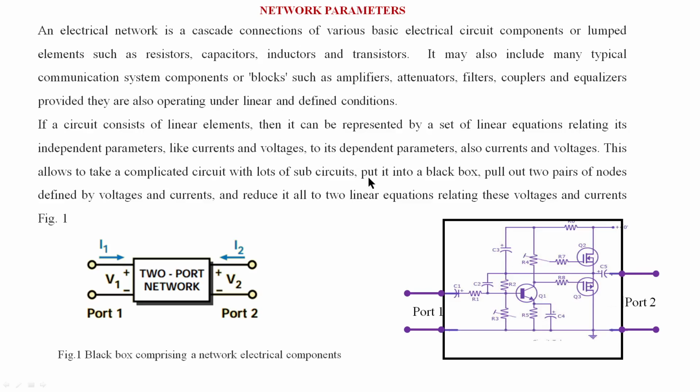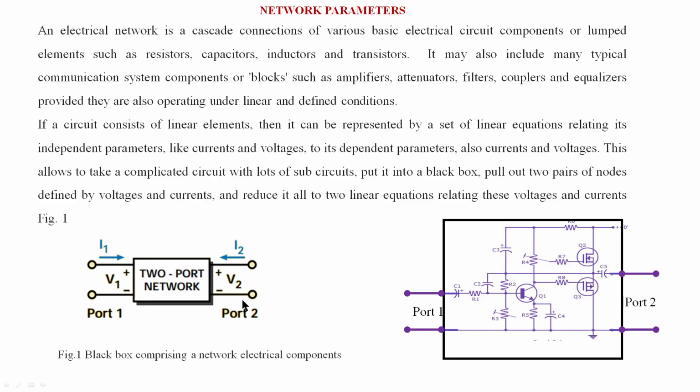Network parameters. See here, if you take any electrical network, network means like this. We are representing the network by a box. In most of our RF and microwave frequency range, we represent the circuits by a box like this, a black box.